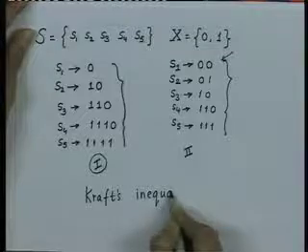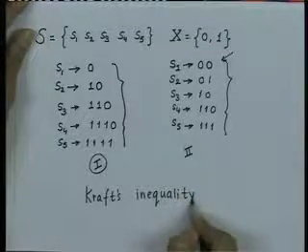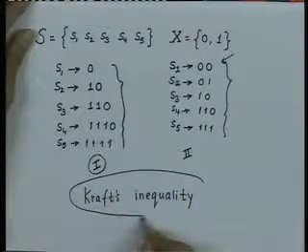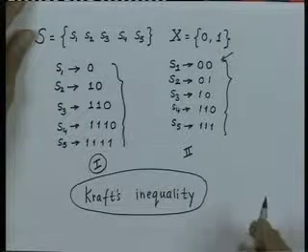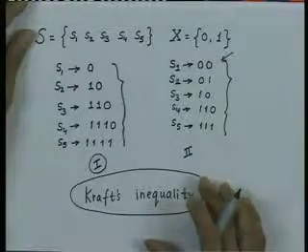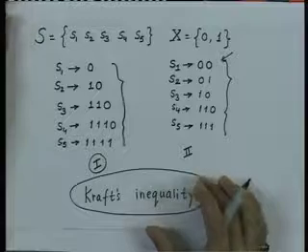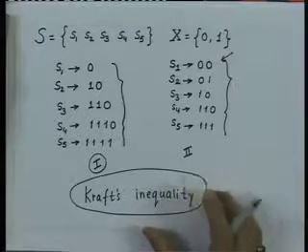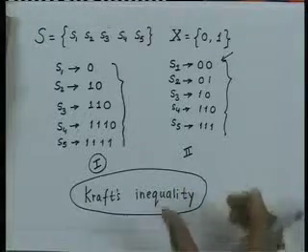Kraft's inequality gives us a quantitative constraint on the word lengths of the code words which we can use for an instantaneous code. So, let us look at Kraft's inequality.